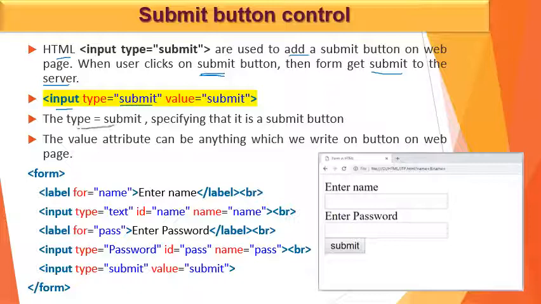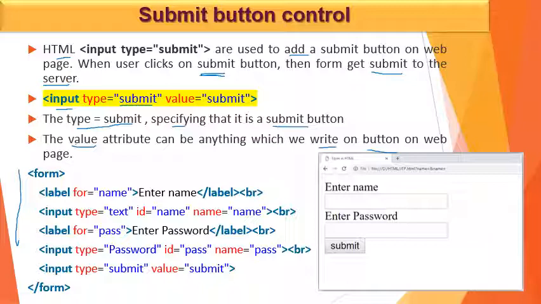The type equal to submit specifies that it is a submit button. The value attribute can be anything which we write on the button on the web page. Now this is the example of our submit button control.